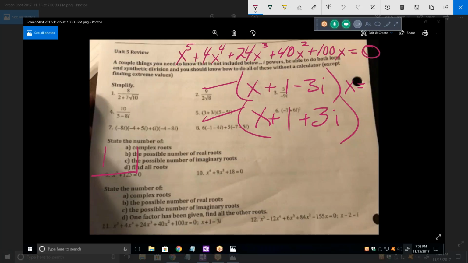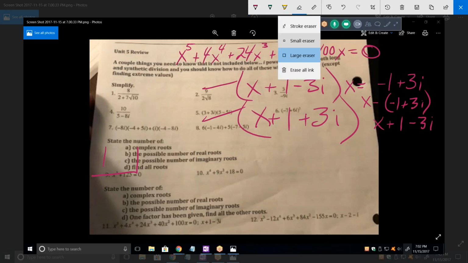It'd be -1 plus 3i. Or -1 minus 3i. No, I think you were correct the first time. If that's the root, then, right, because I got to take x minus that, always putting parentheses in there, and that turns into x plus 1 minus 3i, which is what we're looking at.